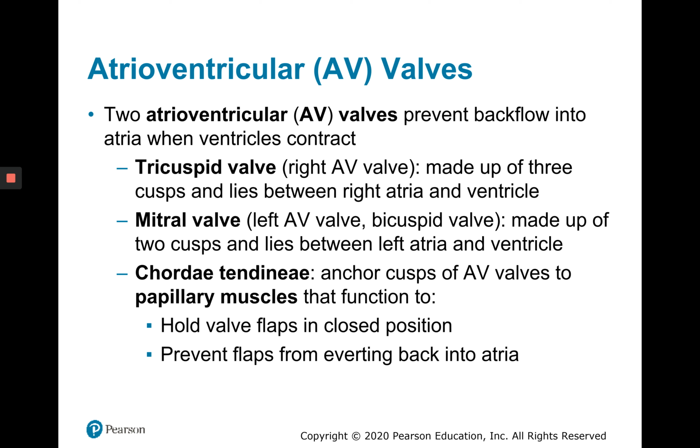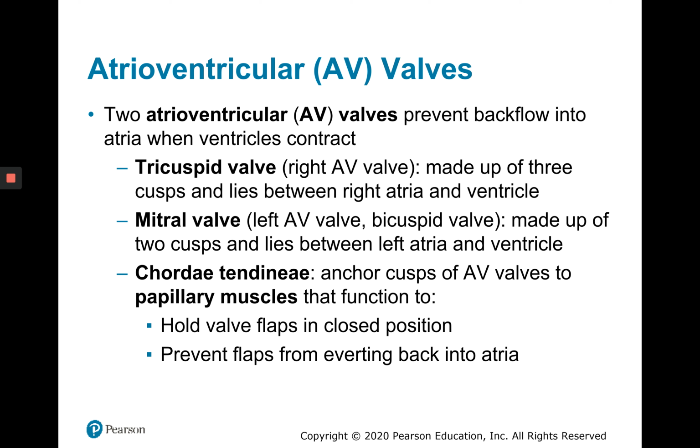So if you remember the kind of arbitrary starting point for blood flow through the heart, the right side, and then you remember the phrase, you want to try it before you buy it, the first prefix is try. The second one is buy. So that means we start on the right side, and the first valve we encounter is the tricuspid, so that must be the right AV valve. Then in the phrase, the next prefix we encounter is the bicuspid, so that must be what's left over, the left side. Now, that's why it's important to know that the mitral valve is also known as the bicuspid valve.